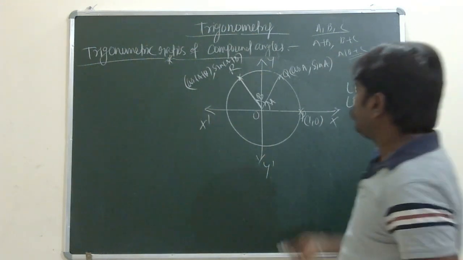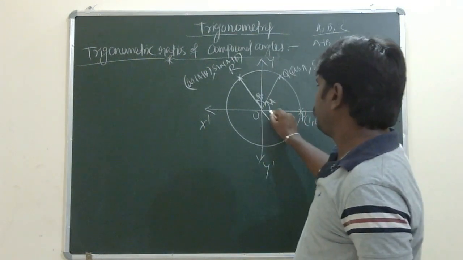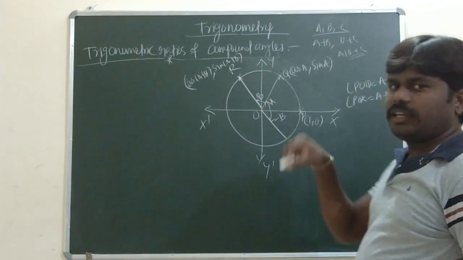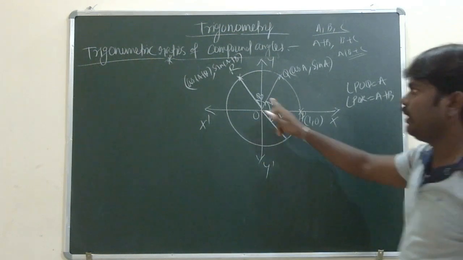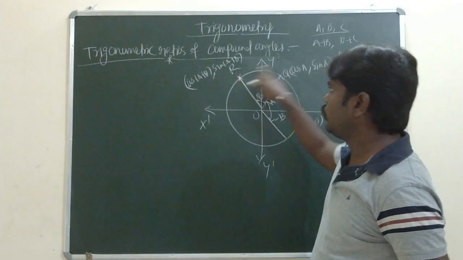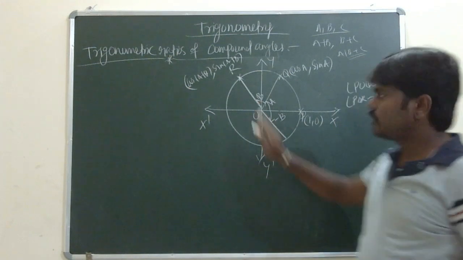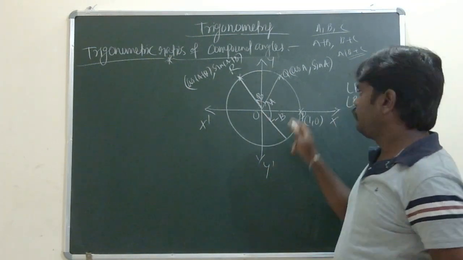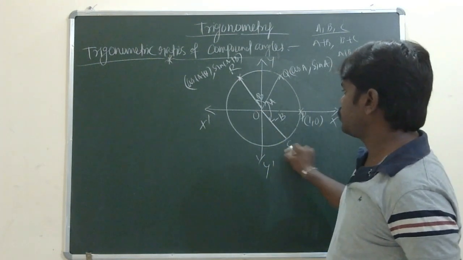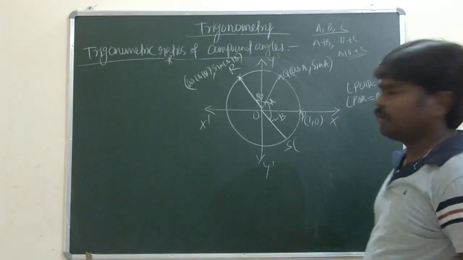Now I am taking another point with angle minus B, meaning I am taking it in the clockwise direction with the same angle that we considered for the arc QR, which is angle QOR equal to B. Let this point be S. Now what could be the point S?